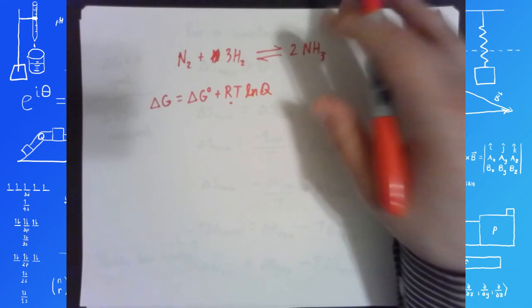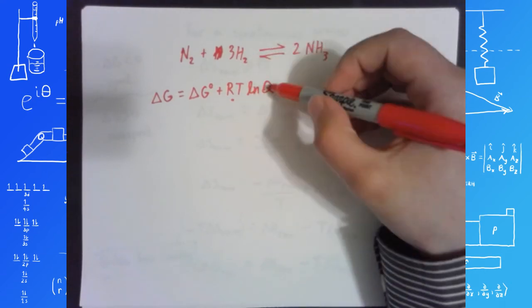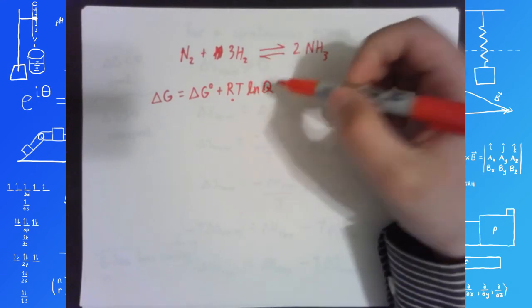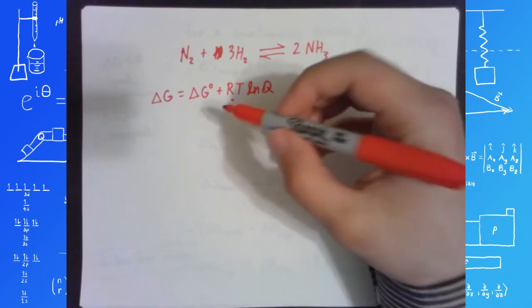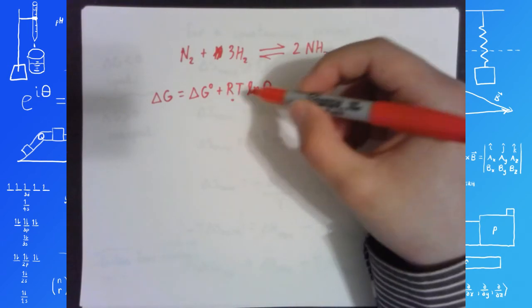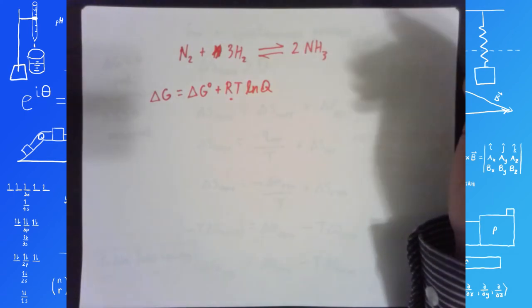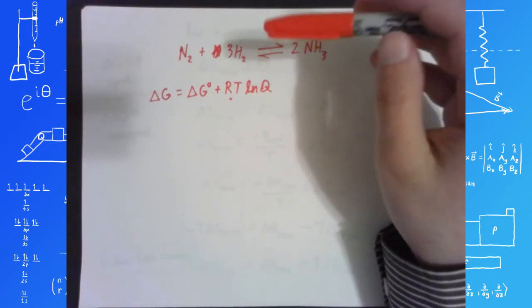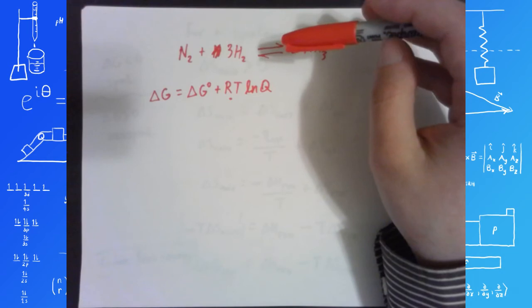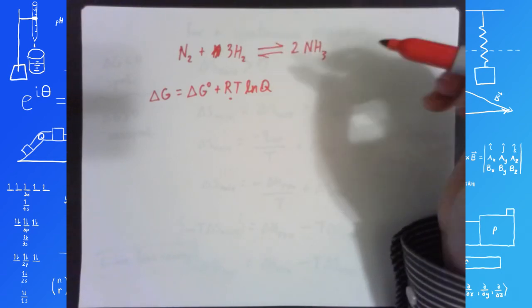Temperature is in kelvins, and the natural log of Q. Q is the reaction quotient. It's the product to reactant concentration or pressure ratios at a given point in the reaction, not necessarily at equilibrium.